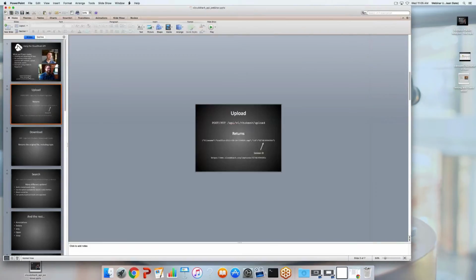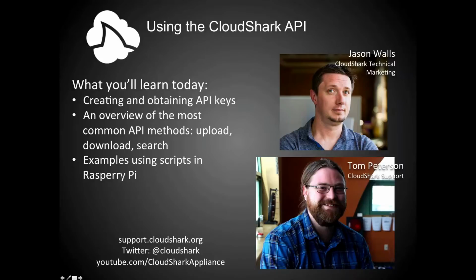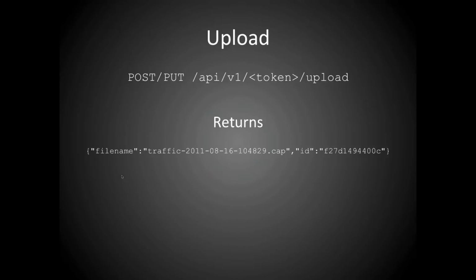So let's do a quick overview of the most common API methods. The first obviously is upload, and that can use an HTTP POST or an HTTP PUT, and that URL is what you would put after the domain of your CloudShark appliance. And if it's CloudShark Online, that will be done over HTTPS, and it would be www.cloudshark.org.